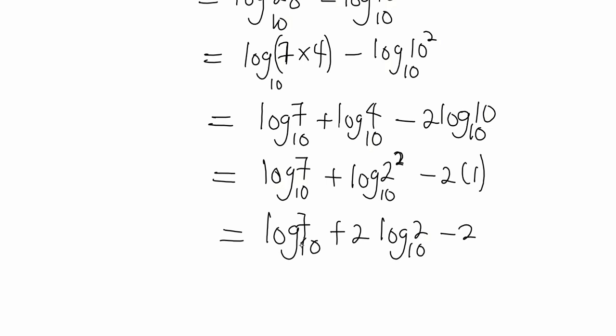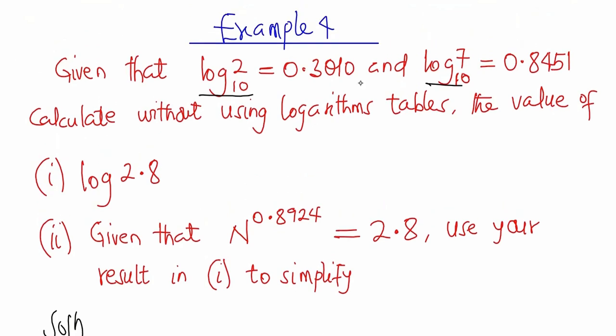Now that we have been able to simplify for us to get log 2 and log 7, we do the necessary substitution, and for log 7 base 10 we know its value to be 0.8451.